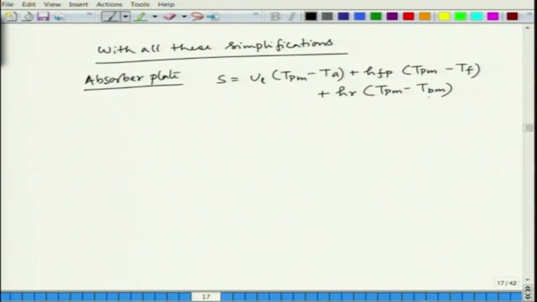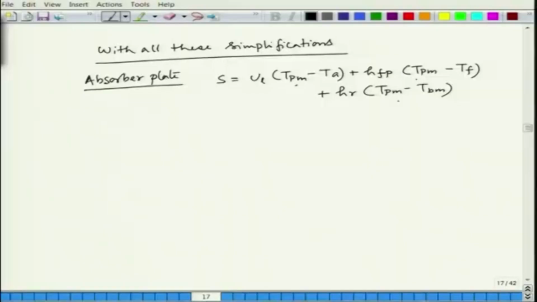Okay. So, 3 terms, 4 terms actually. S is the absorbed radiation per unit area, and that absorbed radiation is being balanced under the steady state by 3 terms. The first term here is lost to the ambient, the second term here is lost to the fluid or air, and the third term here is lost to the bottom plate.